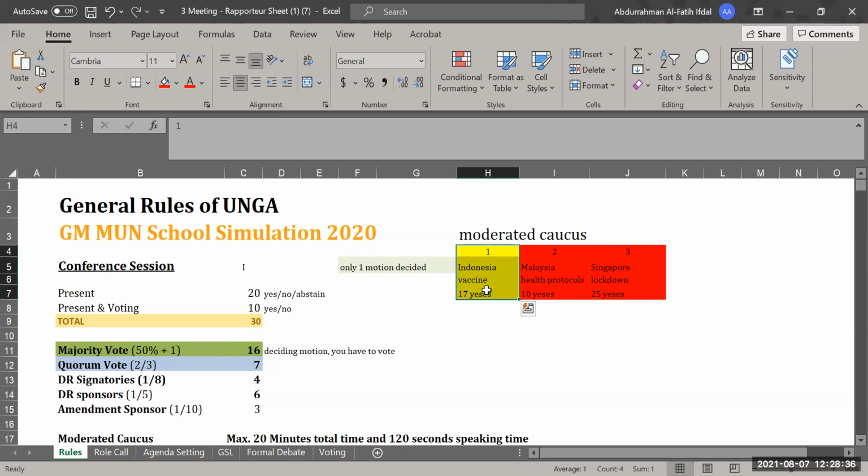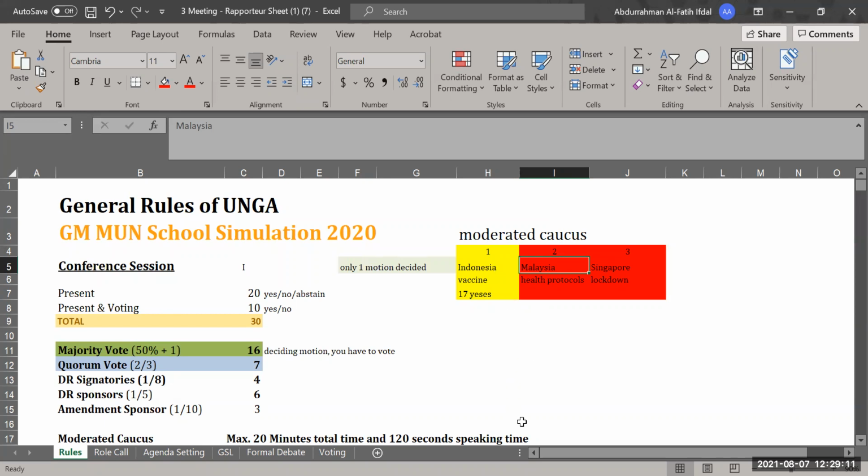This is just a trap that I put on the question. When Indonesia already gets majority vote and Indonesia is the first one, then Malaysia and Singapore will not be voted. So those numbers, 17 and 25, are just traps. For those who voted Indonesia, congratulations, that's correct. But for those who answered Malaysia and Singapore, it's also okay, because we're still learning here, and it's okay to make a false answer, because I did the exact same thing when I was in your position.